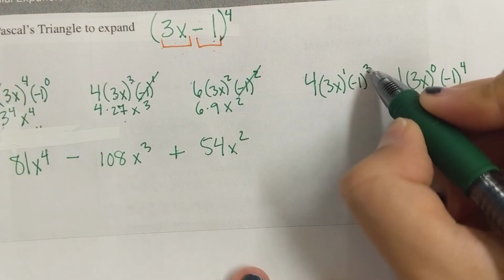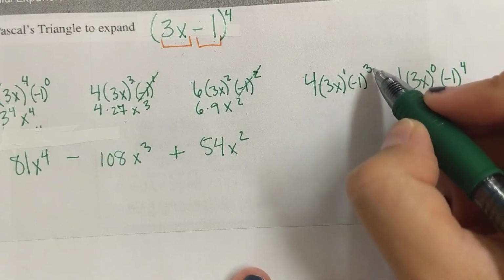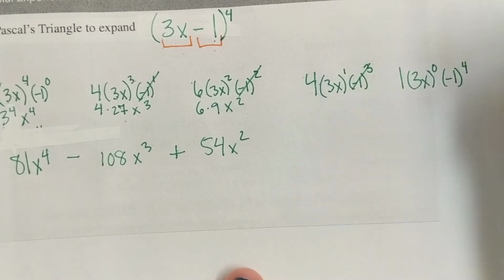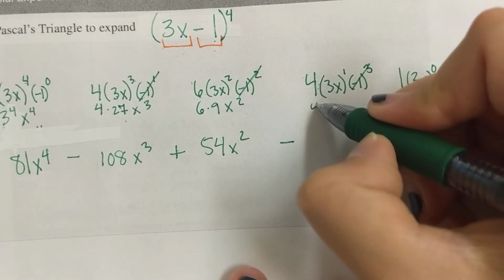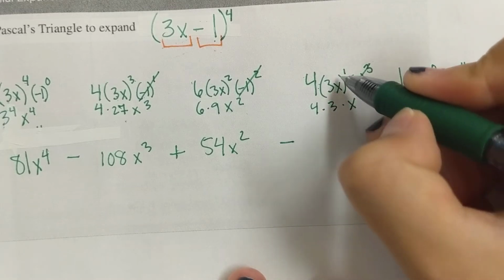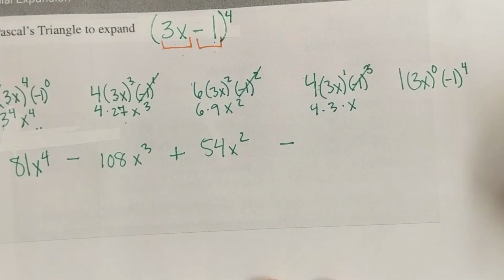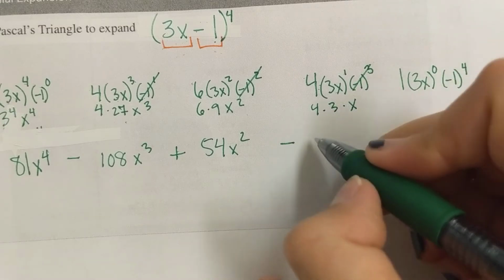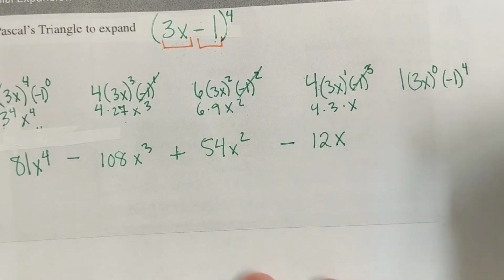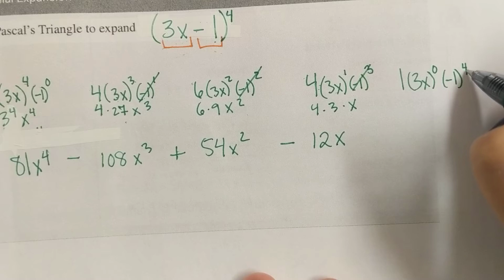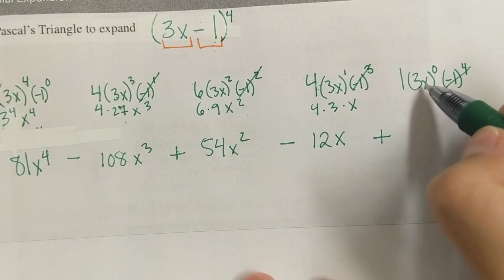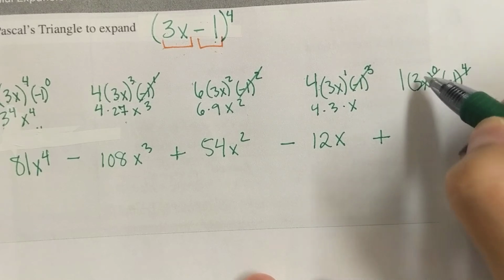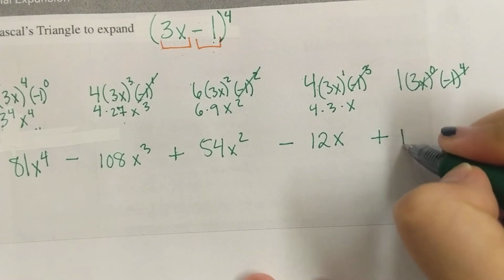Continuing on, negative 1 to the power of 3. Since it's an odd power, that leaves it negative. And then dropping it down, 4 times 3 times x. Now that this is to the power of 1, we're getting to the easy part. 12 times x. Negative to the power of an even, that's a positive. 3, all of this to the power of 0 is 1, so 1 times 1 times 1 is 1.